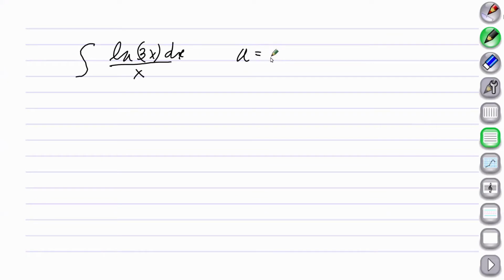u is going to equal, in this case, ln 3x. So du, the derivative of the natural log of 3x, let's see if I can remember it. I can't. So I believe it's 1 over 3x times the derivative of 3x, it's a chain rule. 1 over 3x times 3, which gives me 1 over x, simplified.